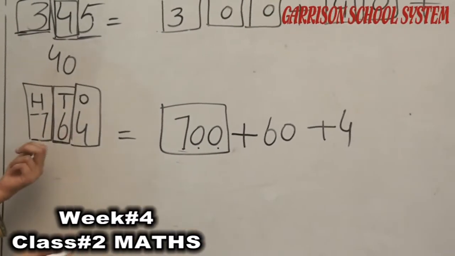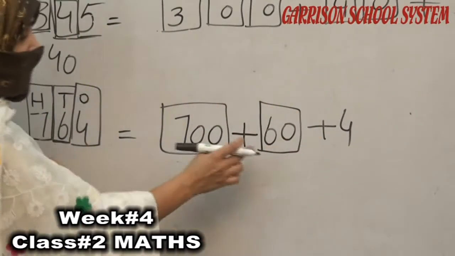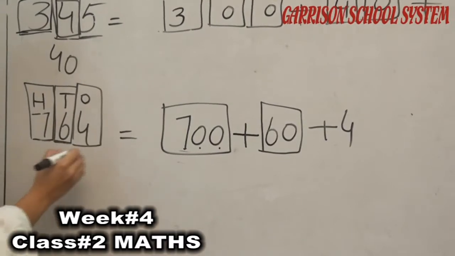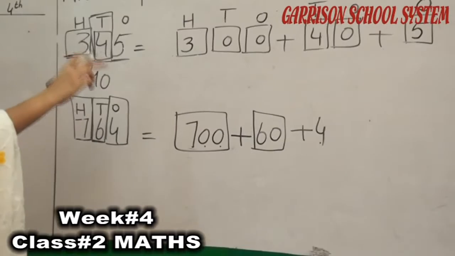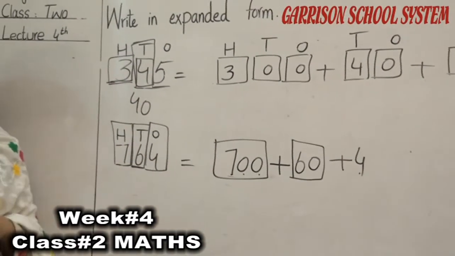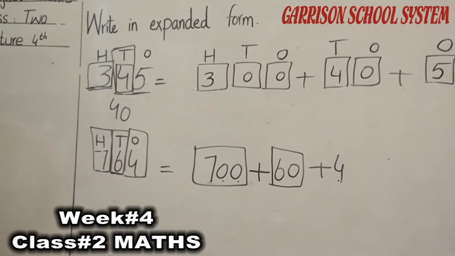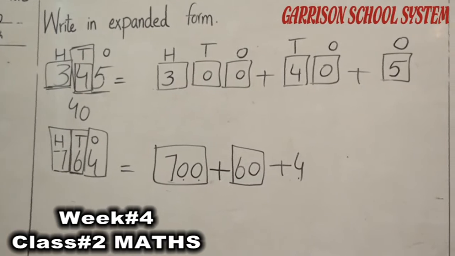And 6 is in tens place, so we have to write complete 60. And 4 is in ones place, so we write 4 here. This is called expanded form. Now the remaining sums you have to solve at home by yourself, because it's very easy.